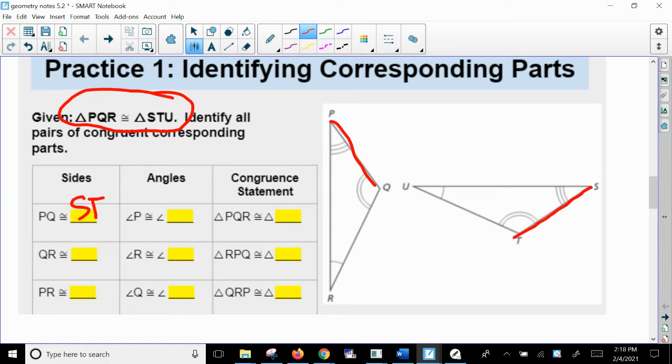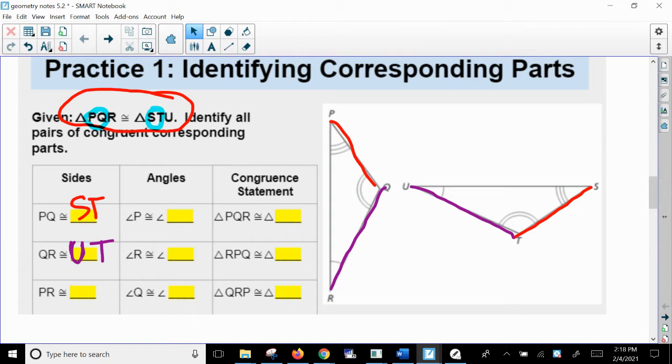And I can tell by the order of the letters. Look at PQ, look at ST in the congruent statement. They're in the same position. Then we have side QR matches side UT.